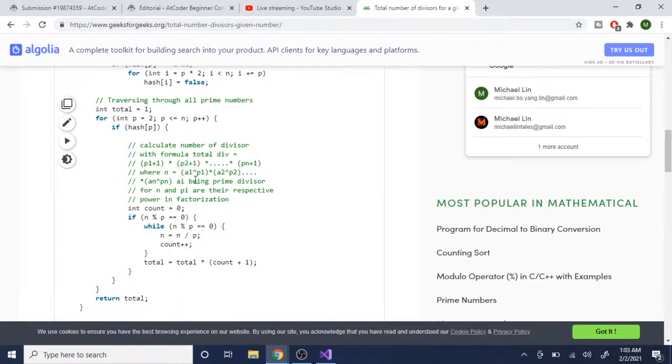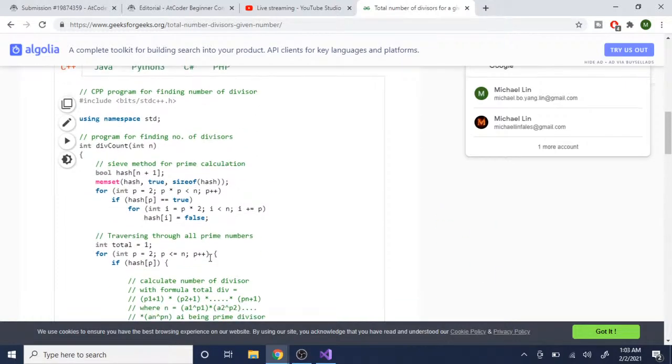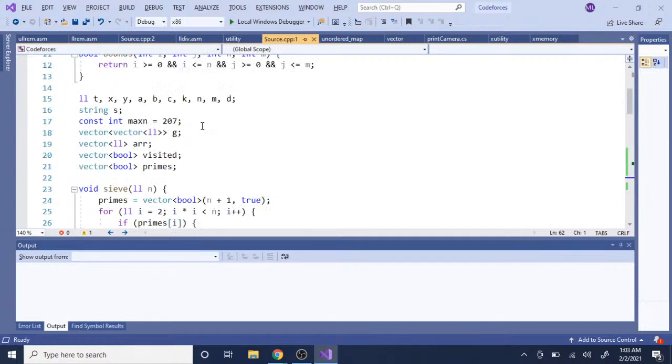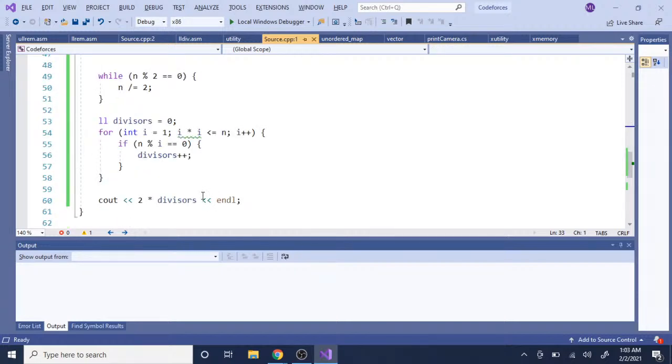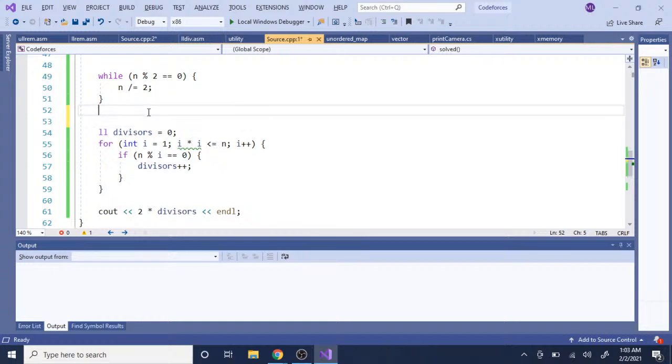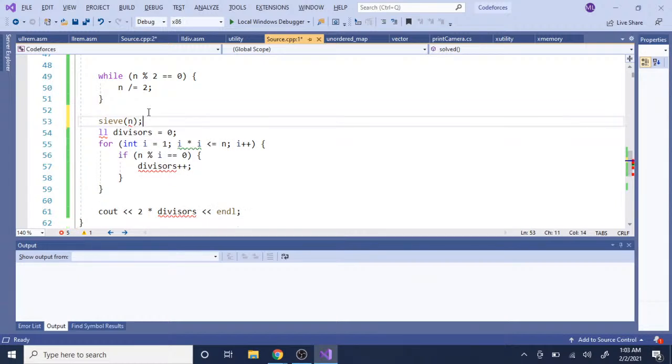Let's try using this way. Loop through all prime numbers. Okay, so I could generate the prime numbers with the sieve function. So I have a sieve function here. I'm going to generate the sieve of up to n. Okay, I generated the sieve.